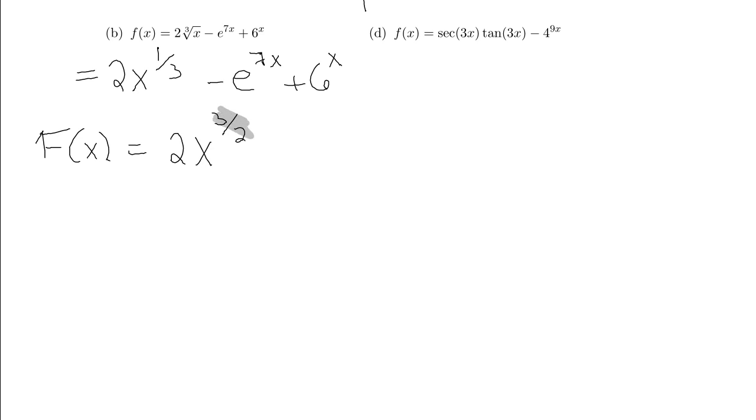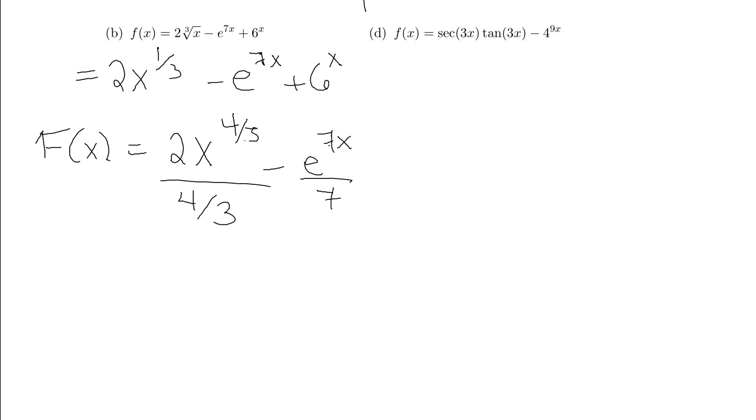So we want 1/3 plus 1, which is going to be 4/3, and we divide by the same exponent, so divided by 4/3. For e to the 7x, we have e to the 7x divided by 7.